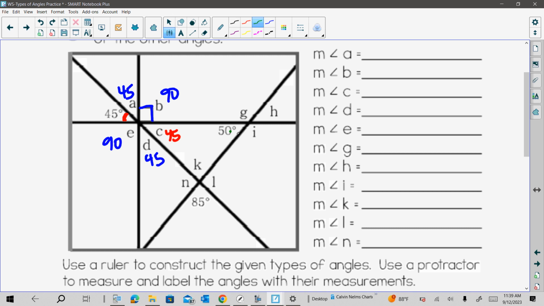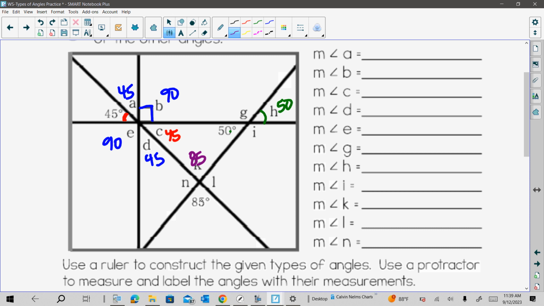Who's vertical to 50? H is vertical, so it is 50. Vertical, they're across each other, okay? K would be 85. Yes, good. It is vertical to this 85.